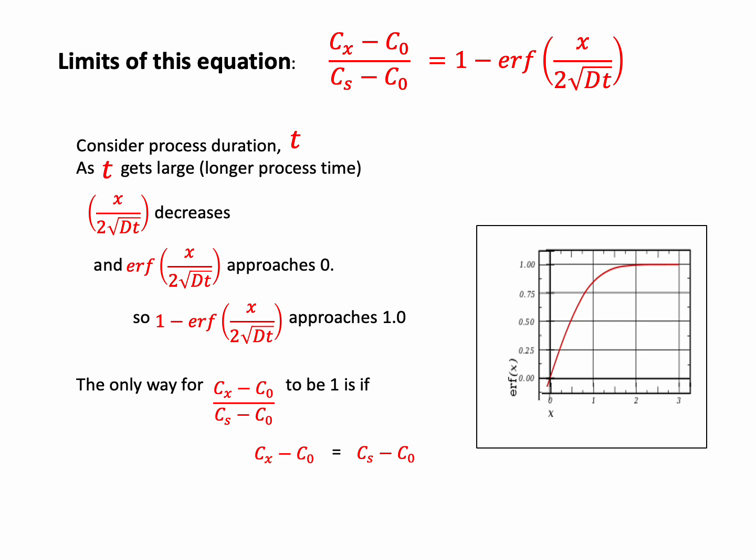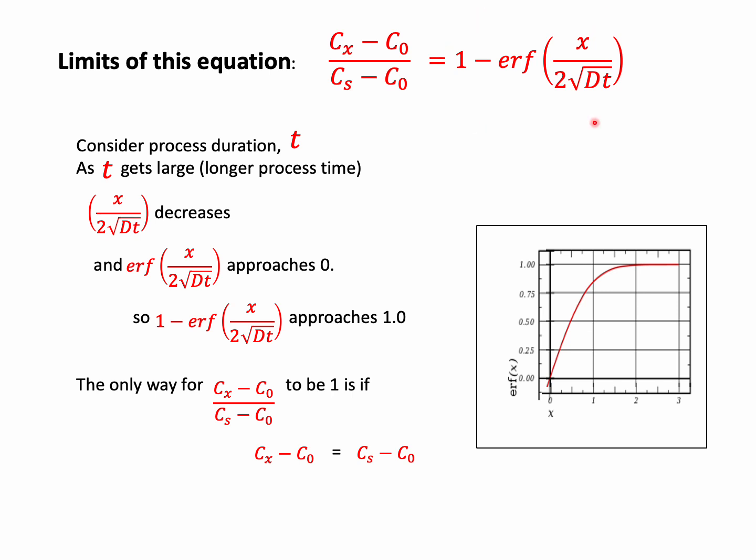Okay, what about time? If I think about time increasing or decreasing. So time, lowercase t, is duration of the process. If it's large, that means I'm going to carburize for a longer time. If t increases, then this quantity, x over 2 square root Dt, would be decreasing. And if that's decreasing, then the error function approaches 0, and 1 minus the error function approaches 1.